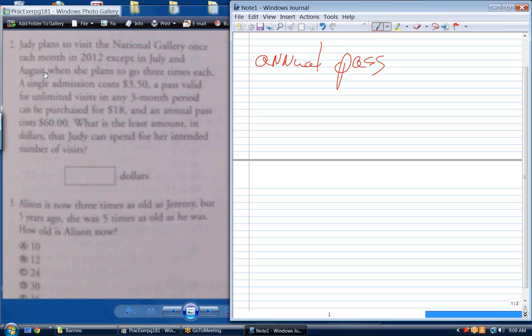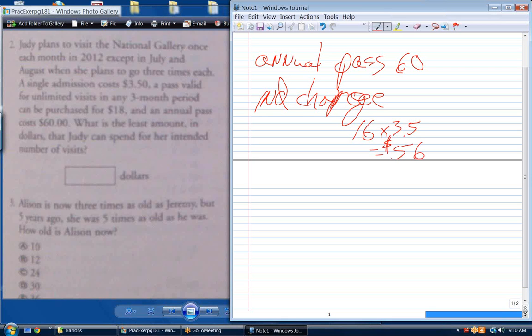So 16. Okay. So individual charge would be, annual pass is 60. Individual is 16 times 3.50. What is that? 56. Well, that's cheaper than the annual pass.